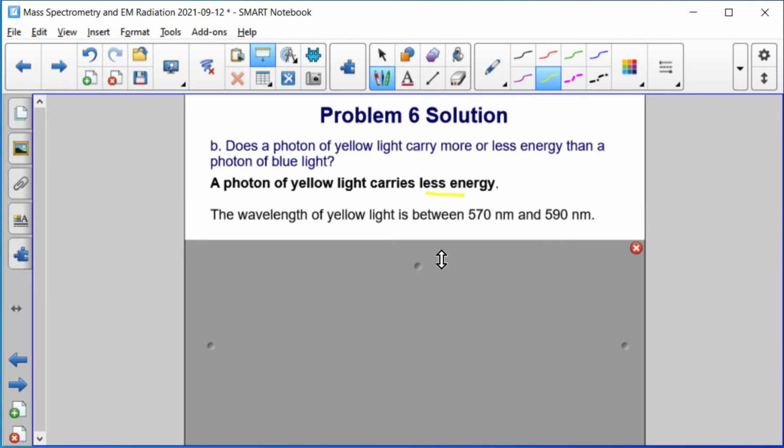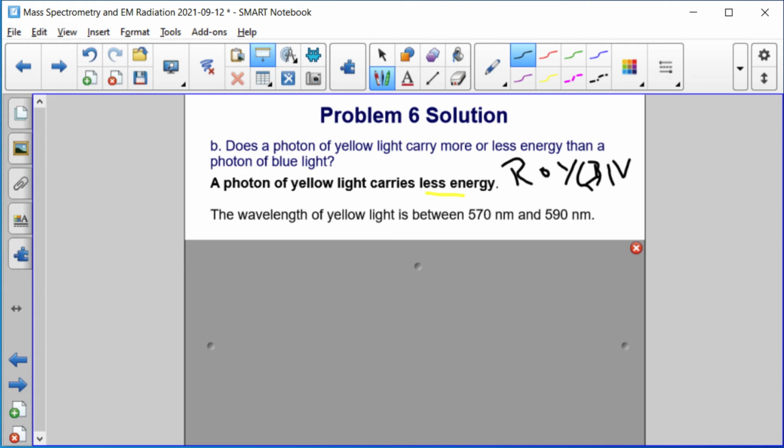So the wavelength of yellow light is between 570 nanometers and 590 nanometers. So yellow light has a longer wavelength. If you think of your electromagnetic spectrum, your visible light spectrum, in the middle of your electromagnetic spectrum, you have ROY G. BIV.